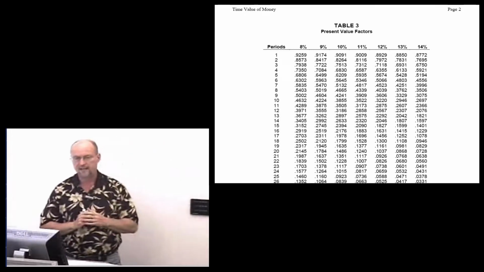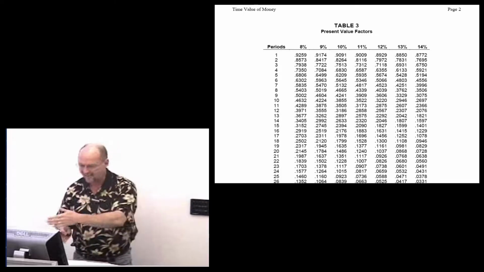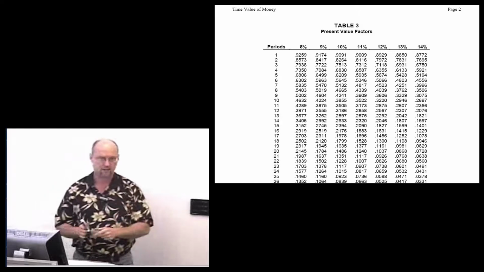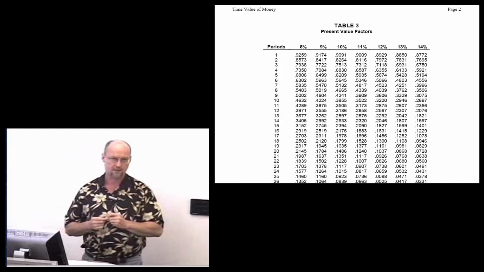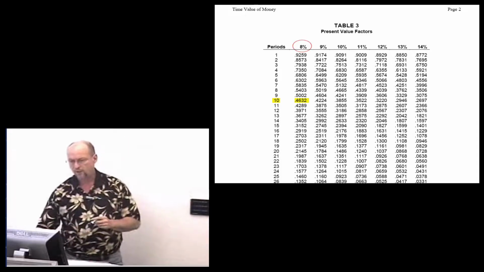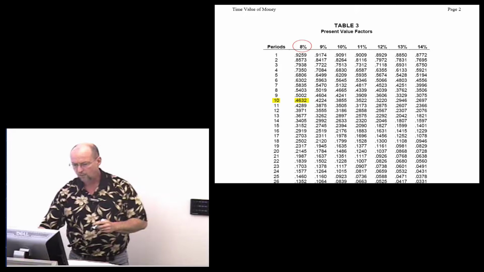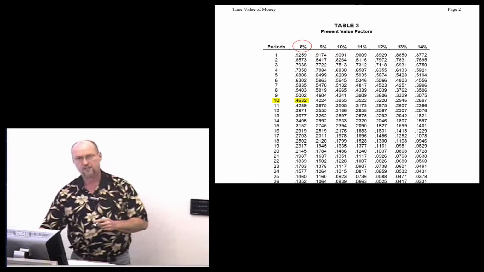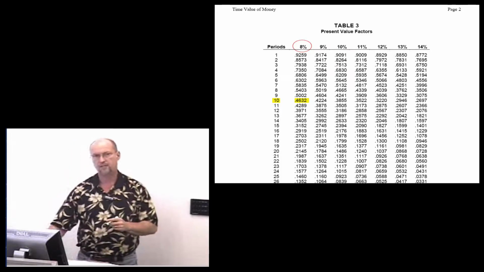Now, suppose I said 10 years from now, I'm going to need $100,000 for my child's education. I believe I can earn 8%. These tables can go out to any percentage you want, and of course calculators can do that as well. I would go to the 8% column and the 10th row, and multiply $100,000 times 0.4632.